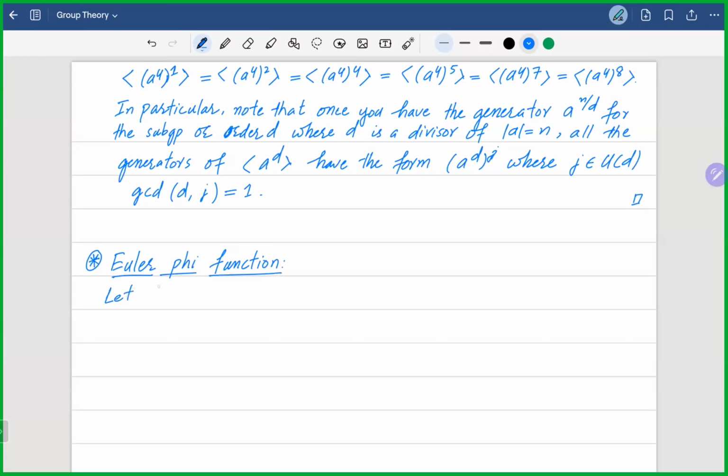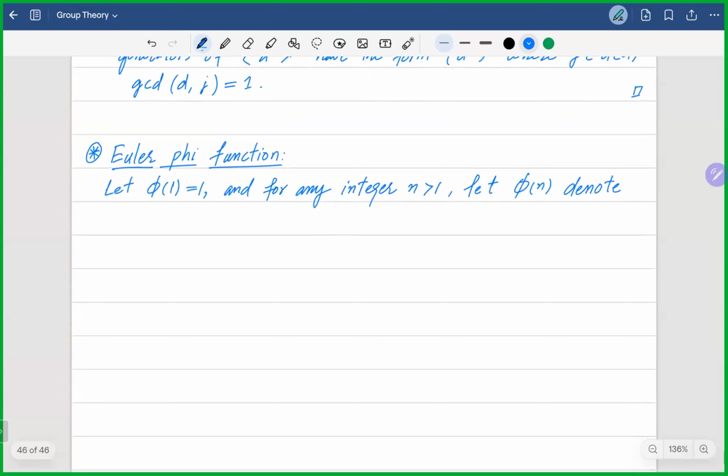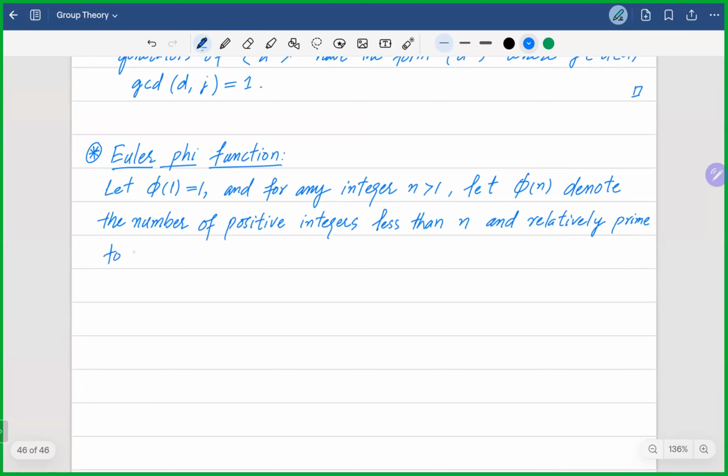The Euler-Phi function says that phi of 1 is 1, and for any integer n greater than 1, let phi of n denote the number of positive integers less than n and relatively prime to n.